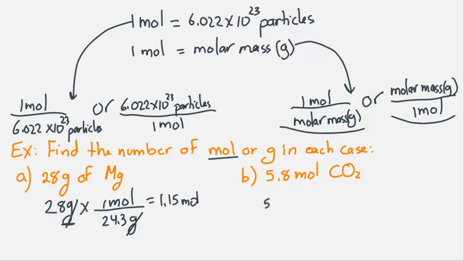We have 5.8 moles. I want to change it to grams. So the new unit is gram, the old unit is mole. So I need to use the second conversion factor here. I put mole down and grams up. Now I have carbon, which is 12.011. Oxygen, I have 2 oxygen here, so it's 16 times 2, 32.